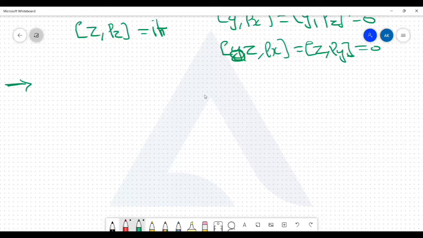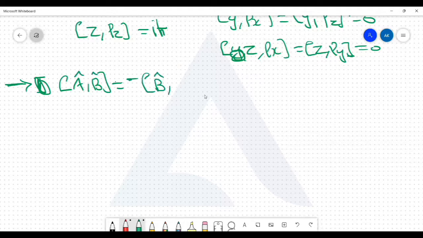Now the properties. Let me take one more thing. If the order is reversed, the commutator of AB equals minus the commutator of BA. That means if the order is reversed, there will be a negative sign.